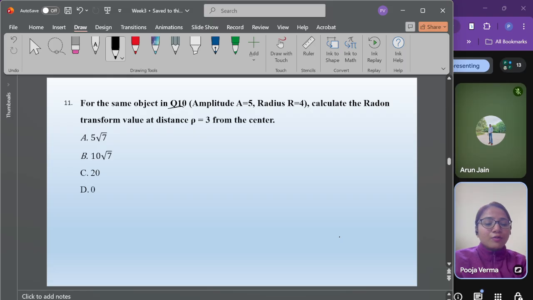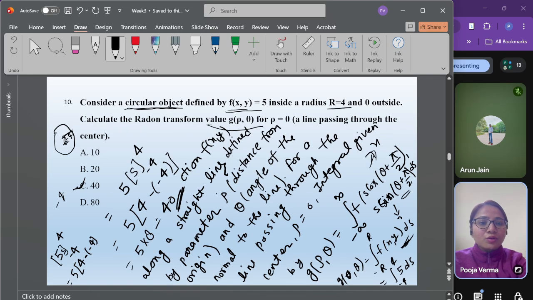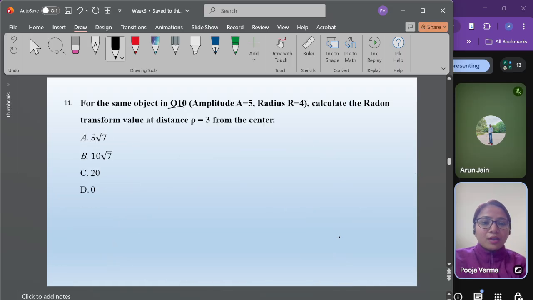Previously, rho was equal to 0, that is, a line passing through the center. Now we need to calculate it where rho is equal to 3 from the center, and the amplitude and radius of the same object are also given.